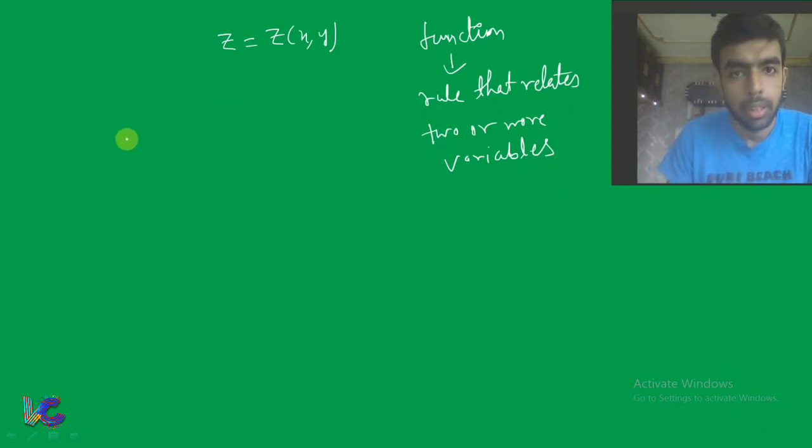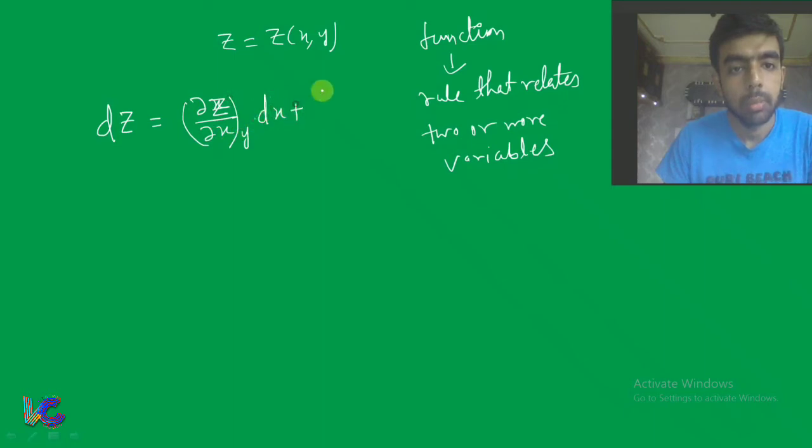In the complete differential form, I can write dz is equal to del z del x at constant y into dx plus del z del y at constant x into dy.